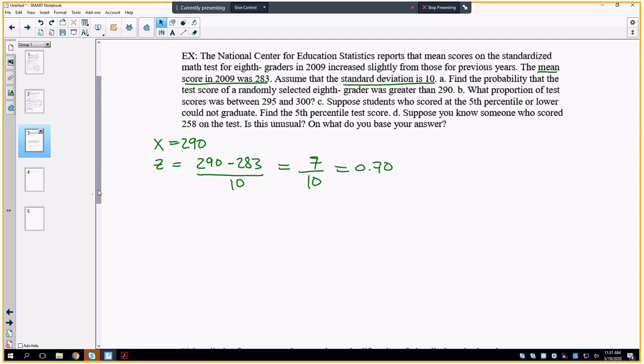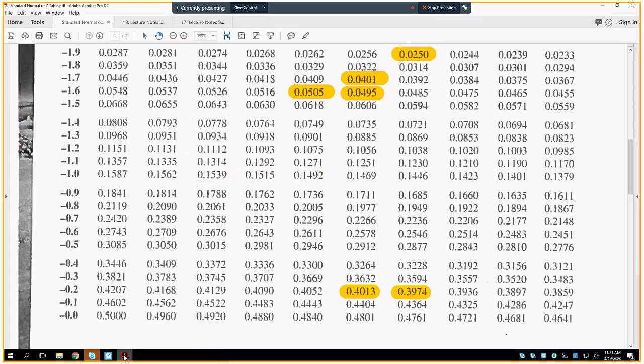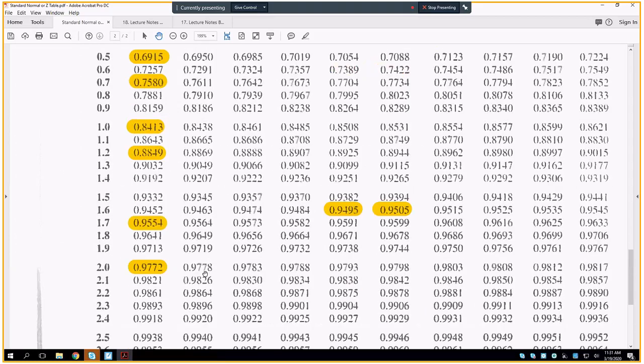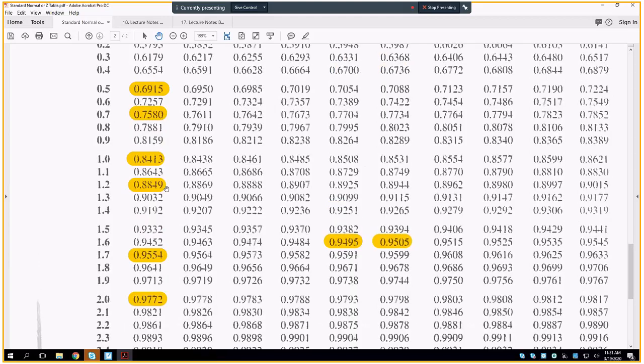So let me find out the probability corresponding to 0.7. It's 0.7580.